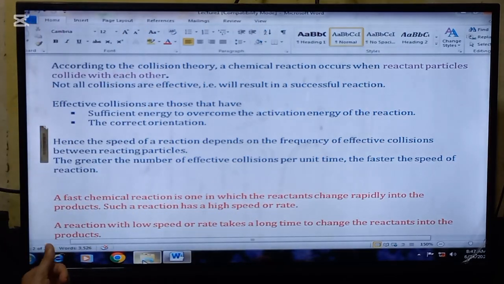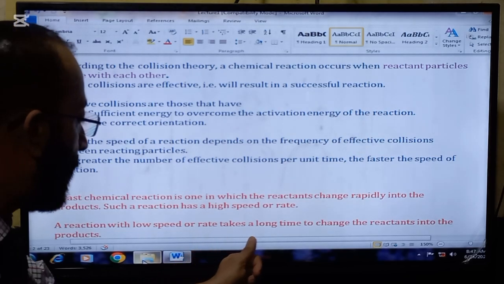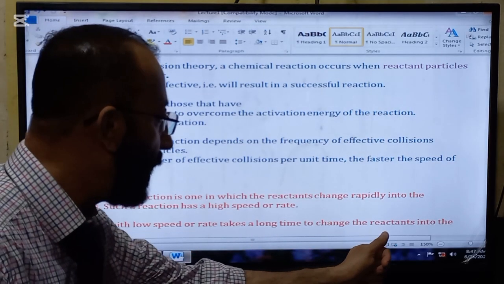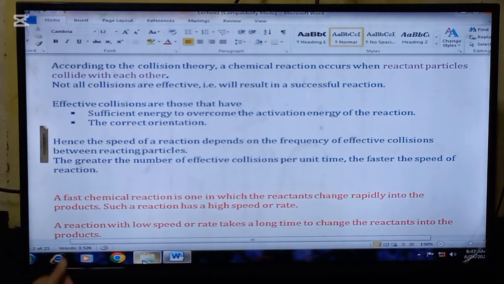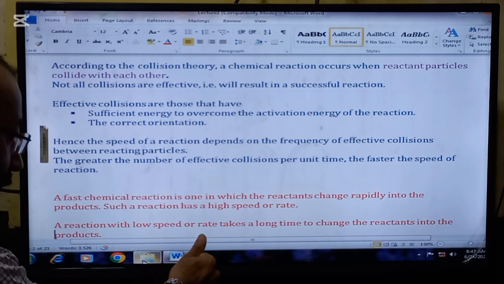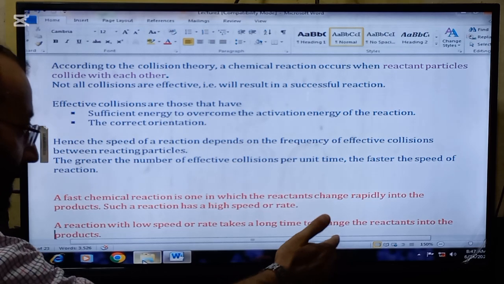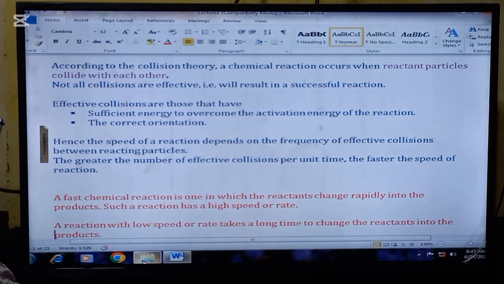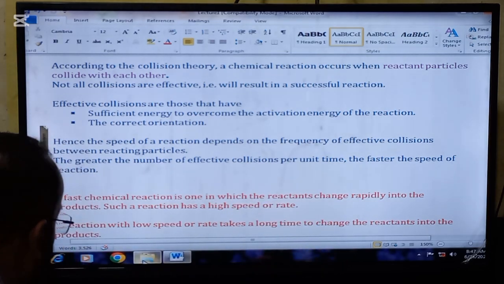A reaction with low speed or rate takes a long time to change the reactants into the products. So this is very important. If there is a low speed or rate, definitely reactants will take more time to change into the product.